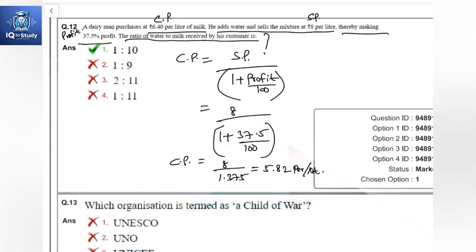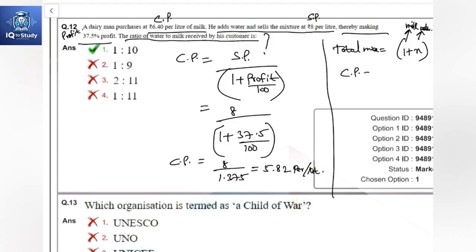Let the amount of milk be 1 litre and amount of water be X. So, total mixture is equal to 1 plus X, where 1 is milk quantity and X is water quantity.